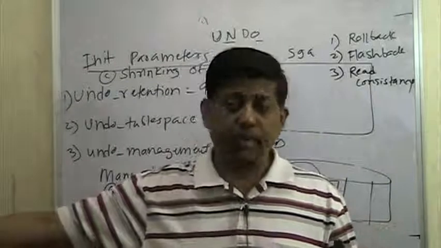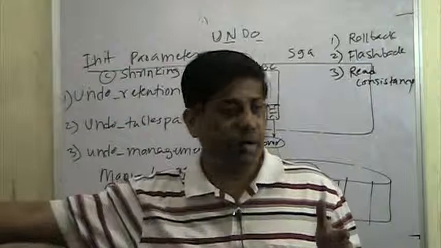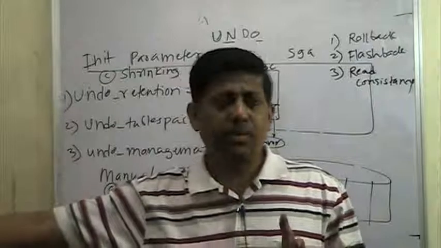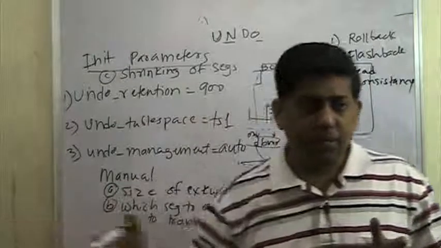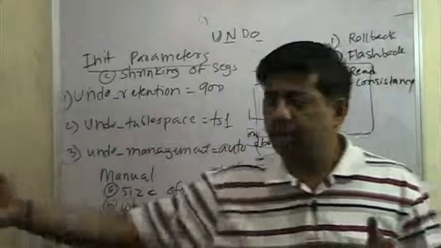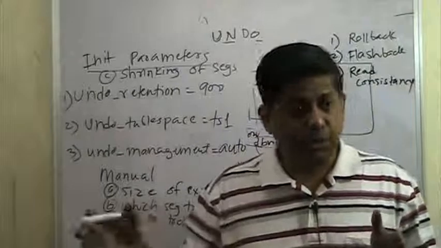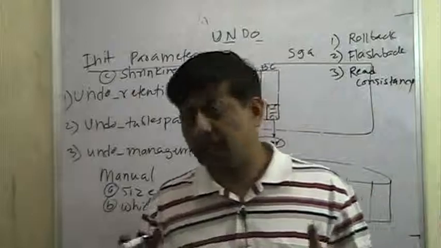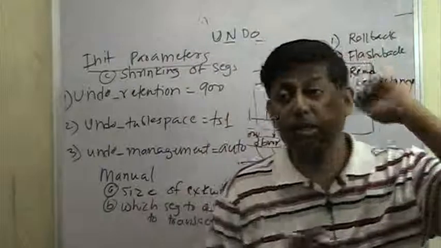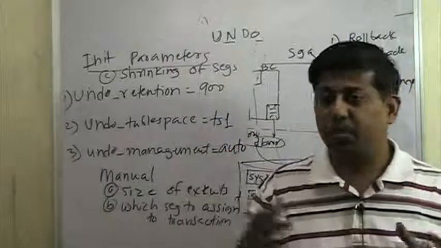After the commit has happened, all that growth by adding more extents is not required anymore. So the undo segment will shrink. It will shrink to what is called the optimal size, and that optimal size has to be decided by the DBA.